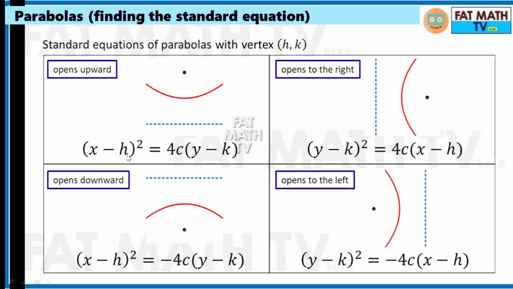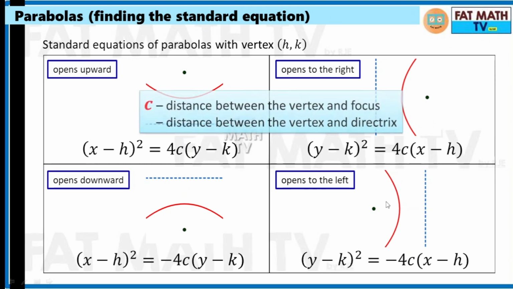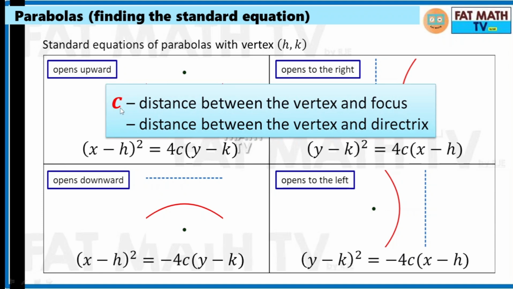As you can see here, h is always with x, and k is always with y, no matter where the parabola opens. c is the distance between the vertex and the focus. It can also be the distance between the vertex and the directrix.